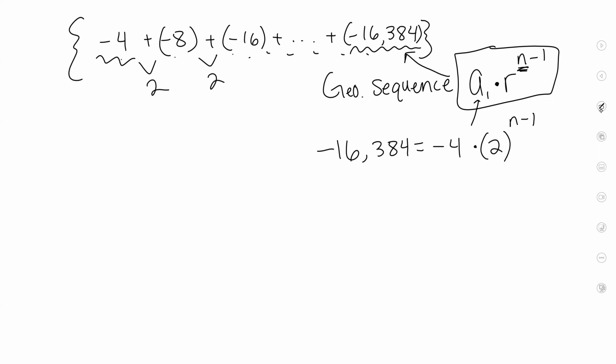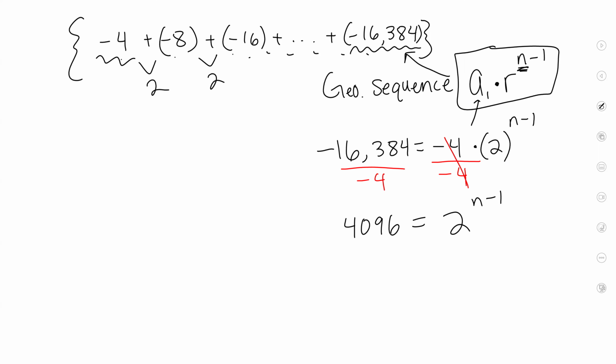Okay, so let's go ahead and solve for n. We're going to divide by -4. When you divide by -4, can y'all tell me what we're going to get? What do you guys get when you divide this? 4096. This should be positive since these are both negative.